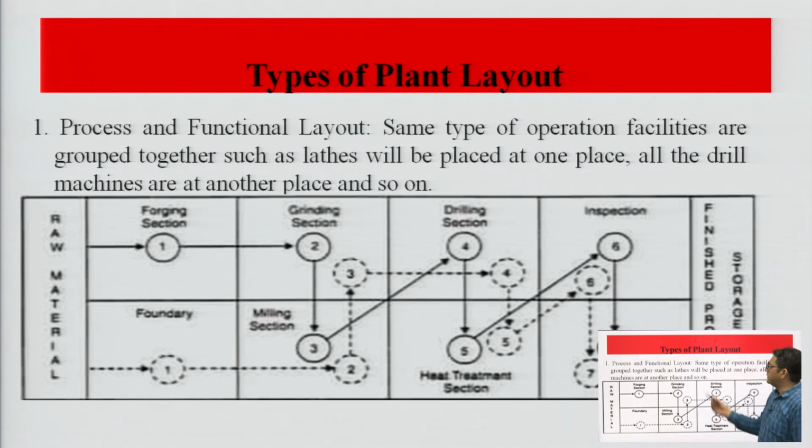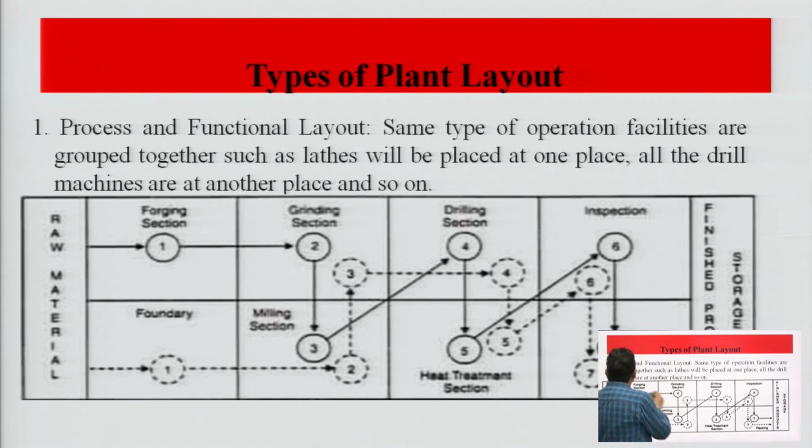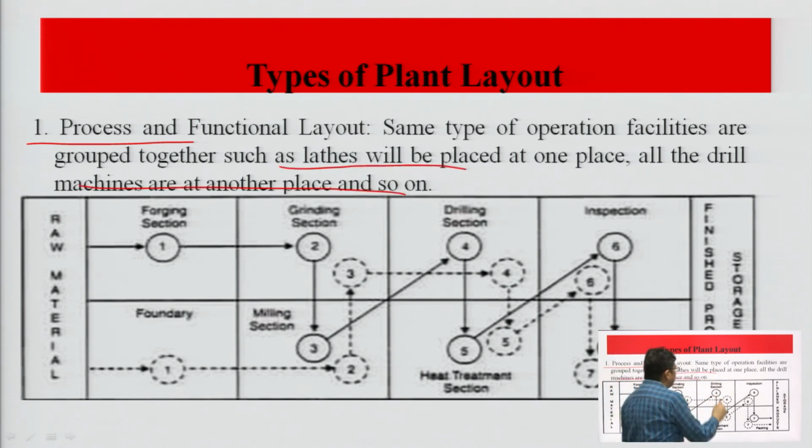Next, the types of layout. The first is the process layout. In the process layout, same type of operational facilities are grouped together, such as lathes will be placed at one place and drill machines at another place.